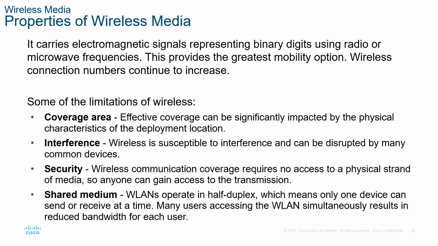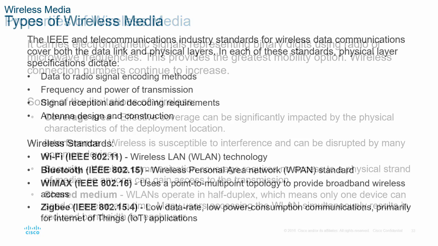Protection in the form of security, and shared media. Wireless LANs operate in half duplex, meaning they can only send or receive at a time. Also, with wireless, the more users using it, the slower it becomes.